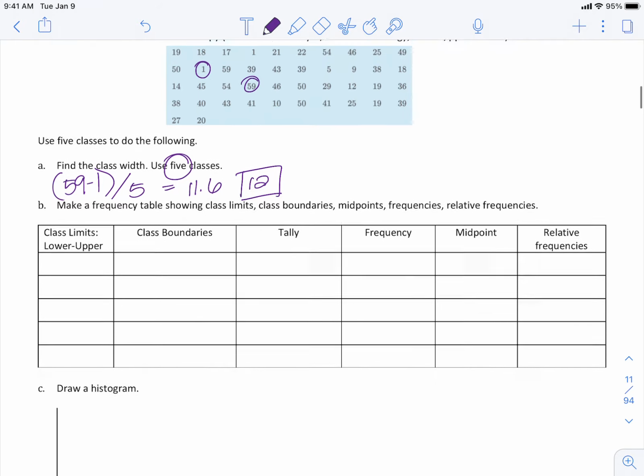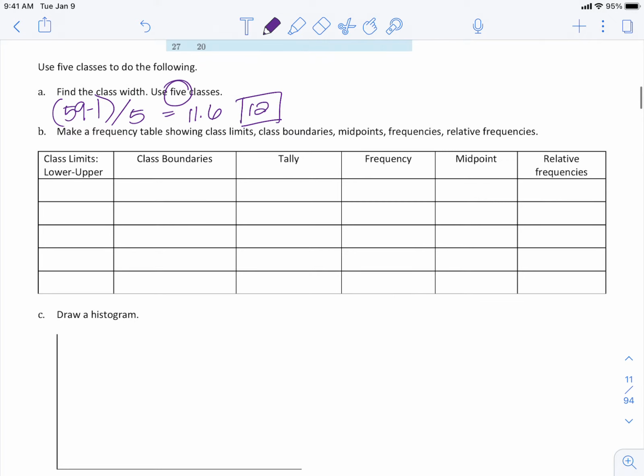I will give you the data for this one. For our class limits, our lowest is 1. If I add 12, that gives me 13, 25, 37, and 49 for all of the lower limits. Then my upper limits are 12, 24, 36, 48, and 60.